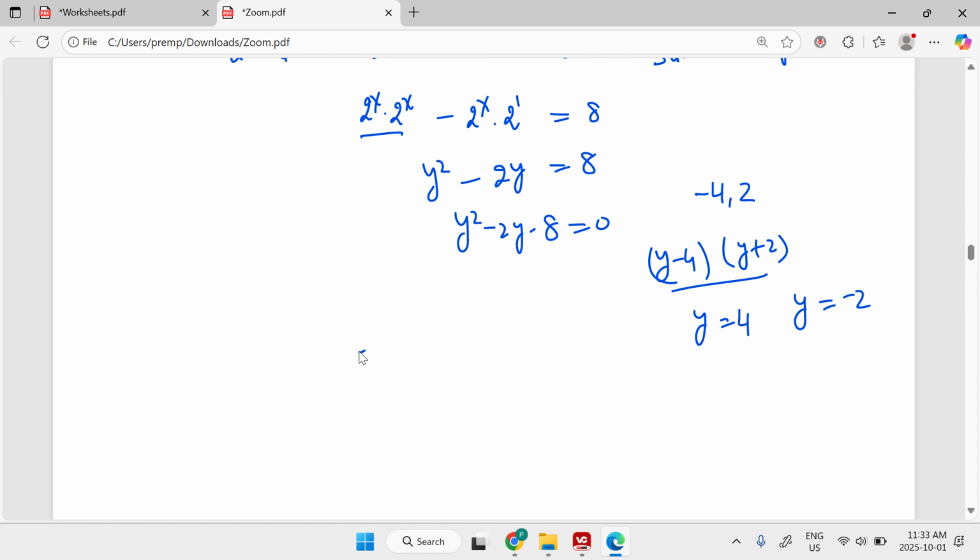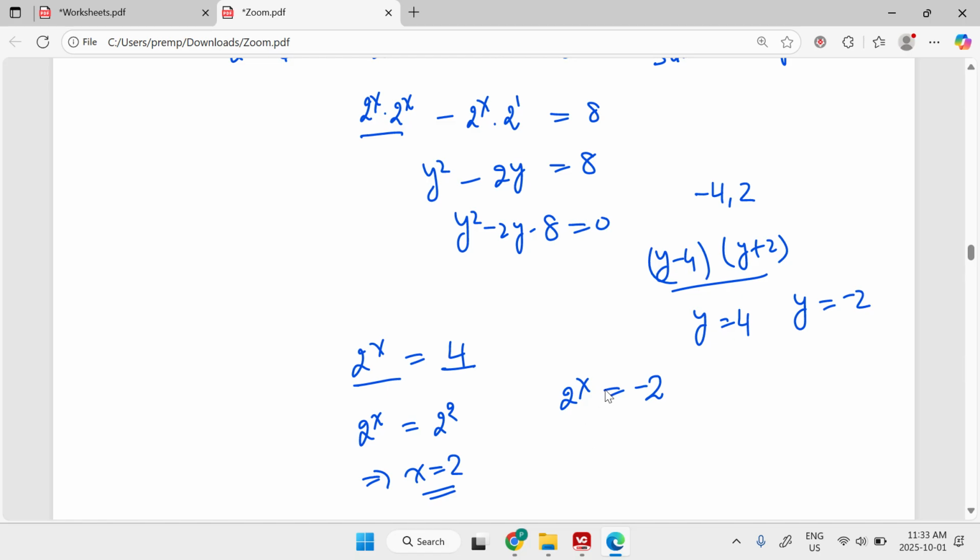We said that 2 power x equal to y. So that means 2 power x equal to 4, and in the same way 2 power x equal to negative 2. Okay, so now if you solve this, you will get 2 power x equal to 2 power 2. That means x value is equal to 2.